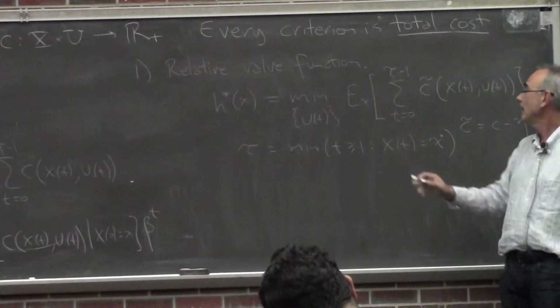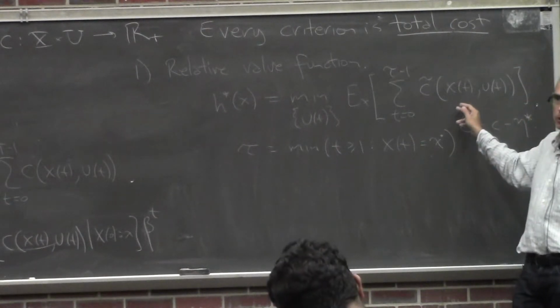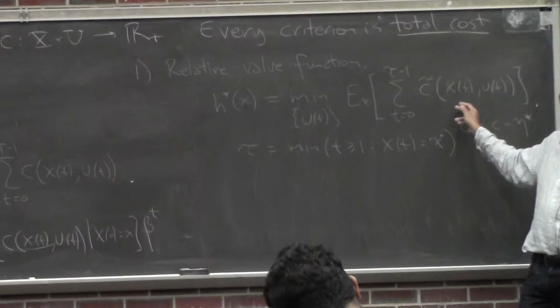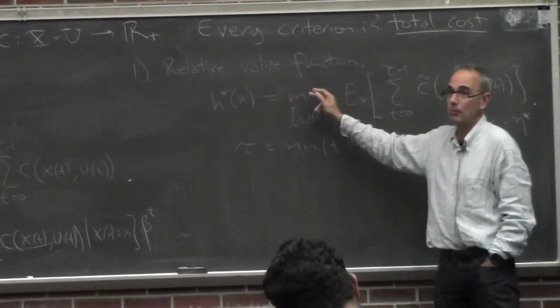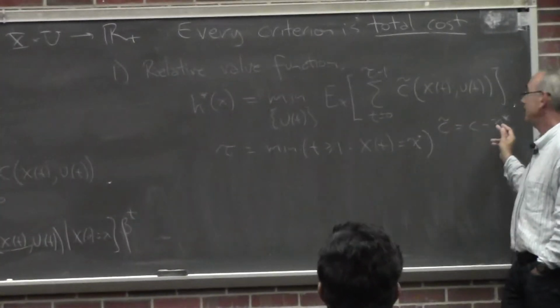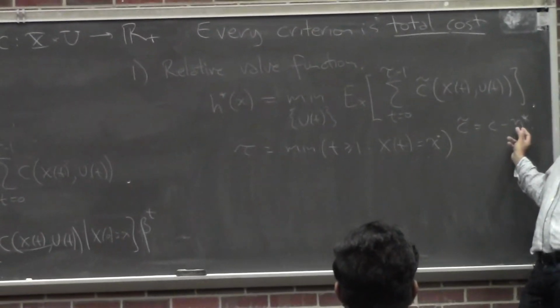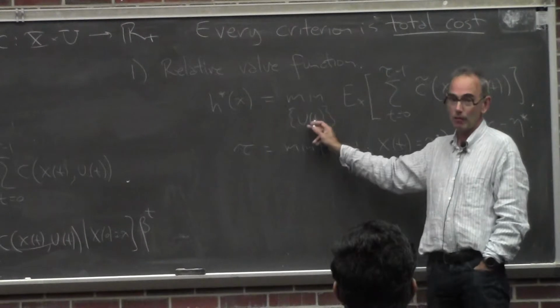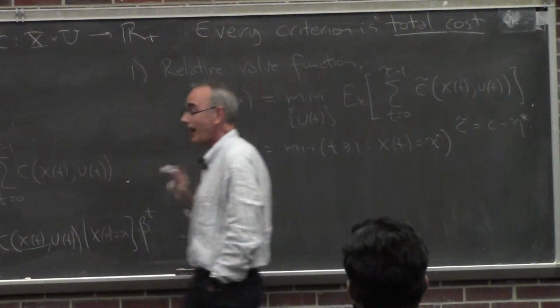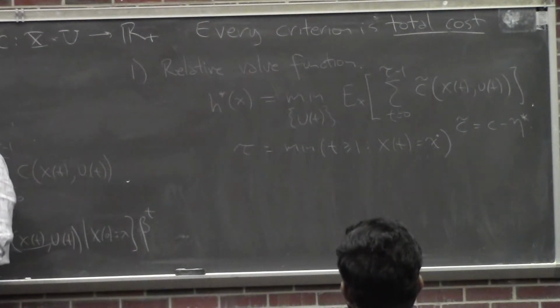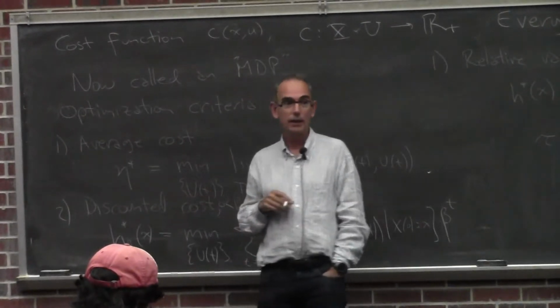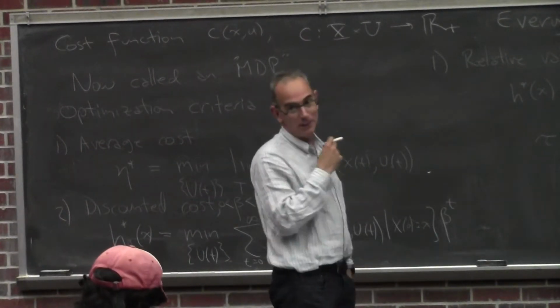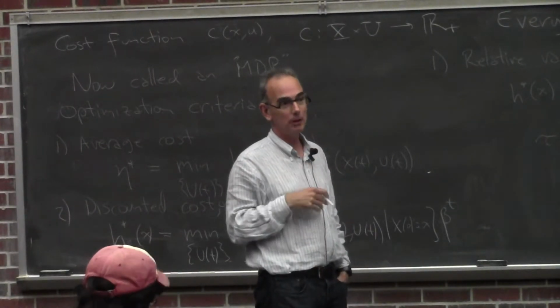Remember, this was the solution to Poisson's equation when we didn't have a control. We didn't have a minimization here. It wasn't eta star, it was eta, the mean of c. Well, it's just a very simple generalization. So the solution to this minimization problem is exactly the same as the solution to that minimization problem. And we'll see a lot more. And it gives you the optimal policy.